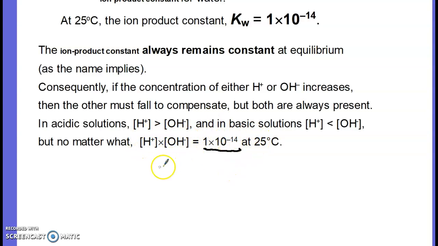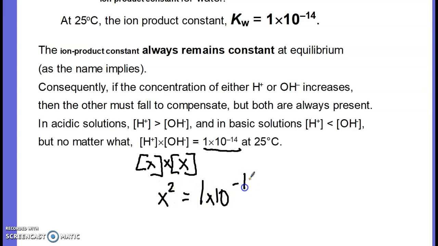Then we have our unknowns here. We could say the concentration of H, we'll say that's X. It's going to be the same as the concentration of the OH, that's X, right? Is equal to 1 times 10 to the negative 14th. So that would be X squared is equal to 1 times 10 to the negative 14th molarity. Okay, so what's X?